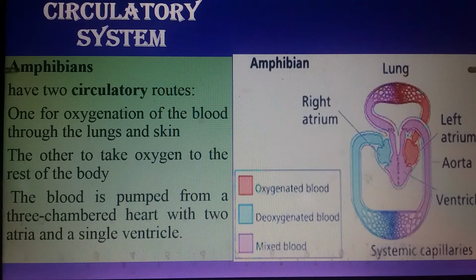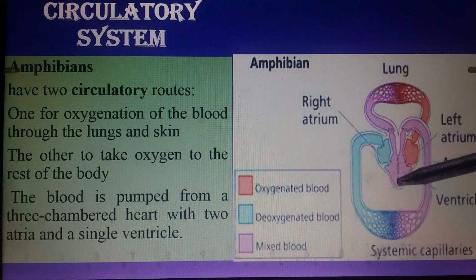But in case of the amphibians, you can see here the two circulatory routes. One for oxygenated blood and the other for deoxygenated blood. And you can see here the deoxygenated blood from all parts of the body moves towards the right atrium, right auricle, and from the right atrium blood moves to the ventricle.